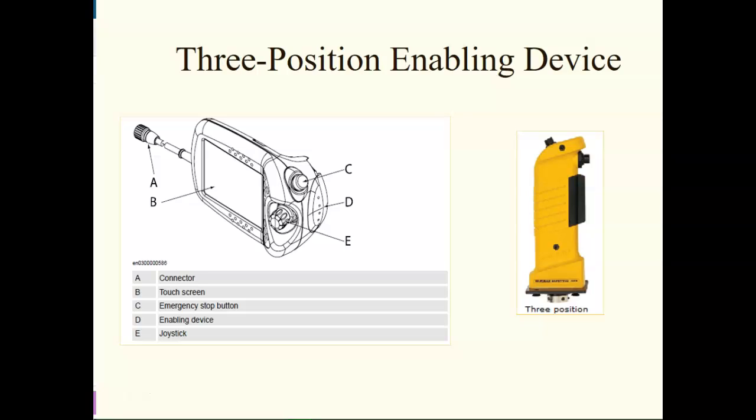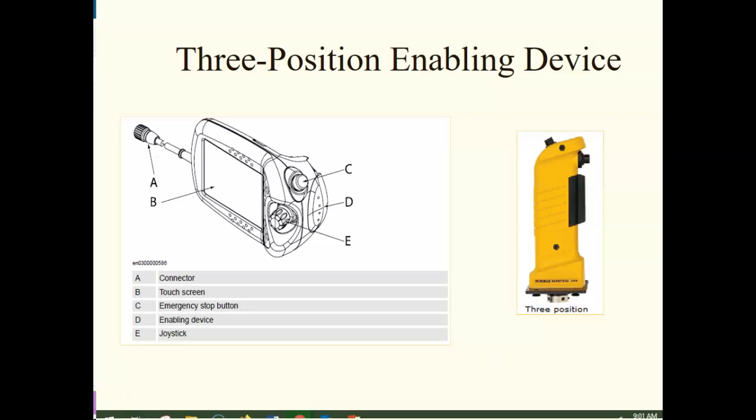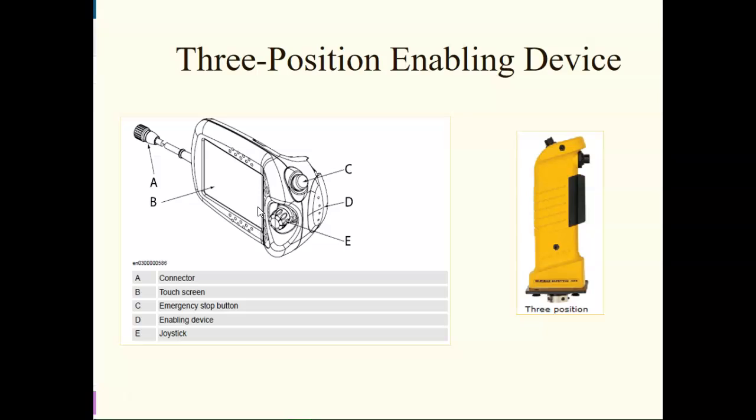So that's why you have the third position, the fully pressed in position. Does that make sense? So you have the three position dead man switch, which is required on all robots. It's a full on requirement for the teach pendant.